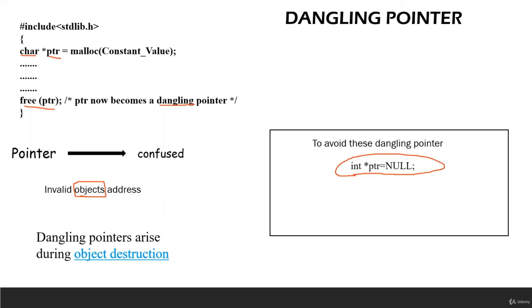But this pointer still points to the base address of the segment. Always remember that a null pointer points to the base address of the segment. Yes, it doesn't point to any data, but it points to the base address of the segment. Clear? So let's move ahead.